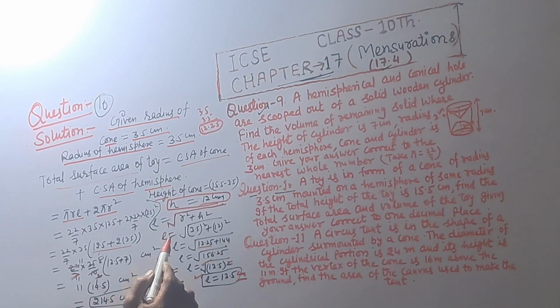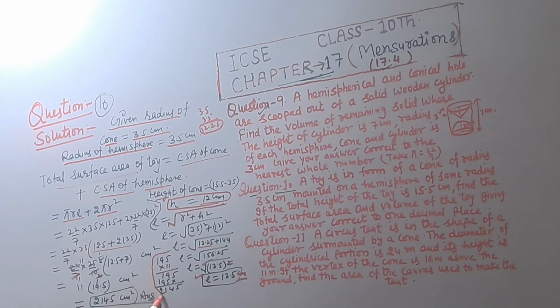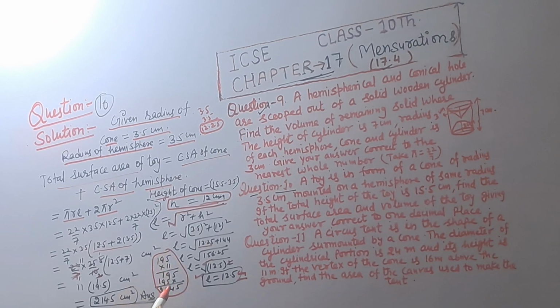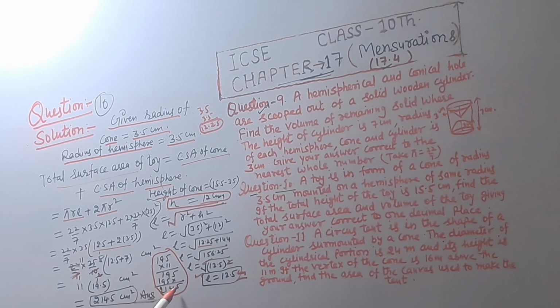Then we get 11 into 19.5, that is 214.5 centimeter square. Answer.